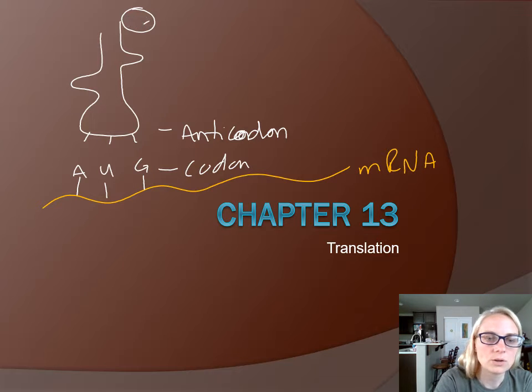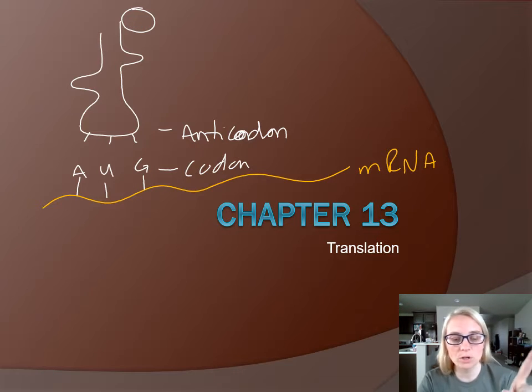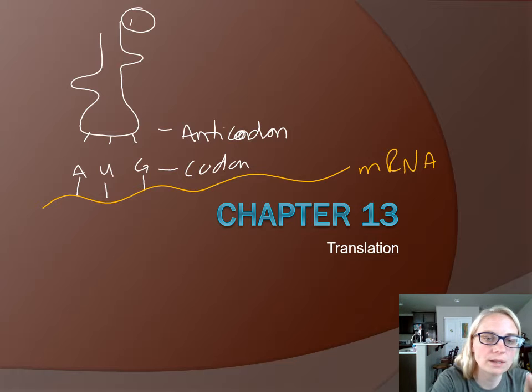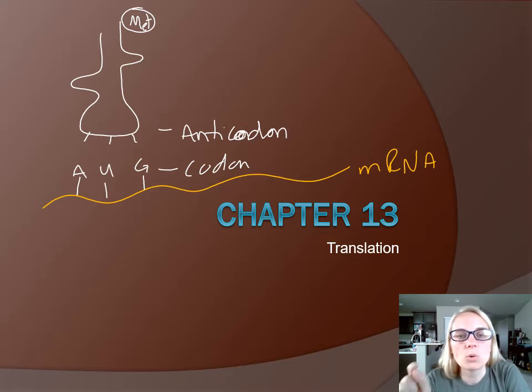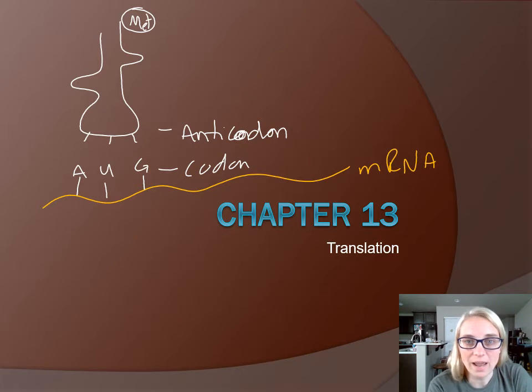Because I know which amino acid this codes for, it codes for methionine because it's a start codon. So what would the anticodon be? The anticodon is just the complement to the codon. So in RNA, A goes with U, U goes with A, and G goes with C.